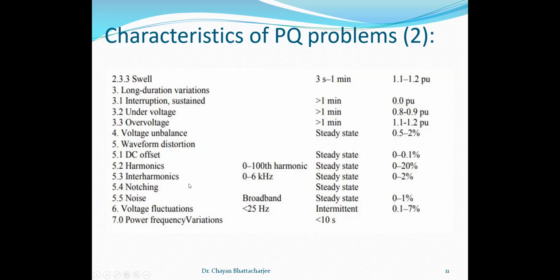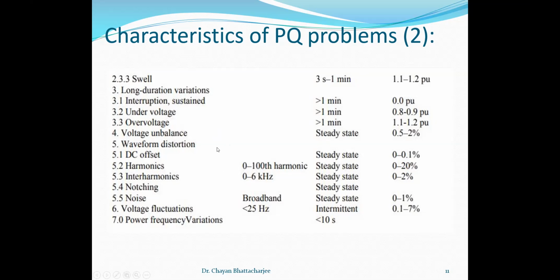And what are interharmonics? Interharmonics are basically fractional harmonic numbers. Say if a harmonic quantity has 1.5 times the fundamental frequency. If your fundamental frequency is 50 hertz, if you multiply that with 1.5, then what will it be? If you multiply with 2, then it will be a second harmonic.